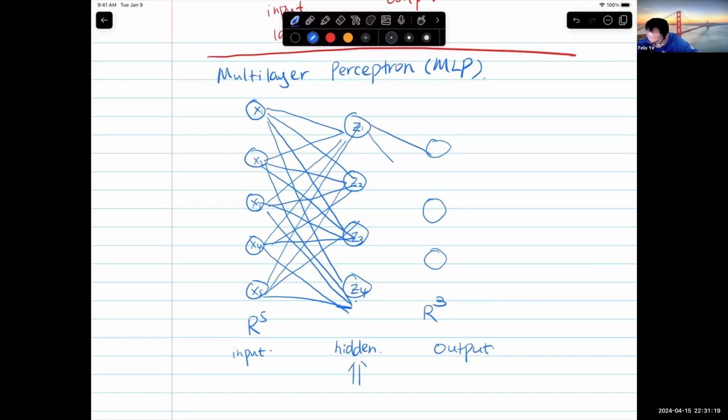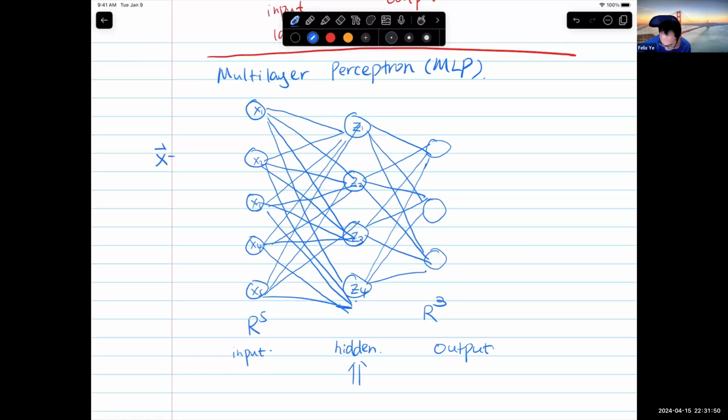Then this is fully connected, and each neuron in the hidden layer will be connected to the output neurons.